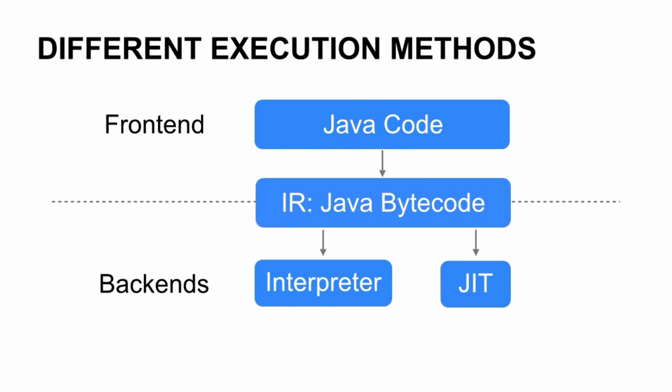So it was important to the creators of Java that Java bytecode be efficient to interpret. So the Java frontend, javac, takes our Java code and produces Java bytecode, which is effectively an intermediate representation. And then we have a backend that is both an interpreter for execution as well as a JIT, a just-in-time compiler, which can target different pieces of hardware.